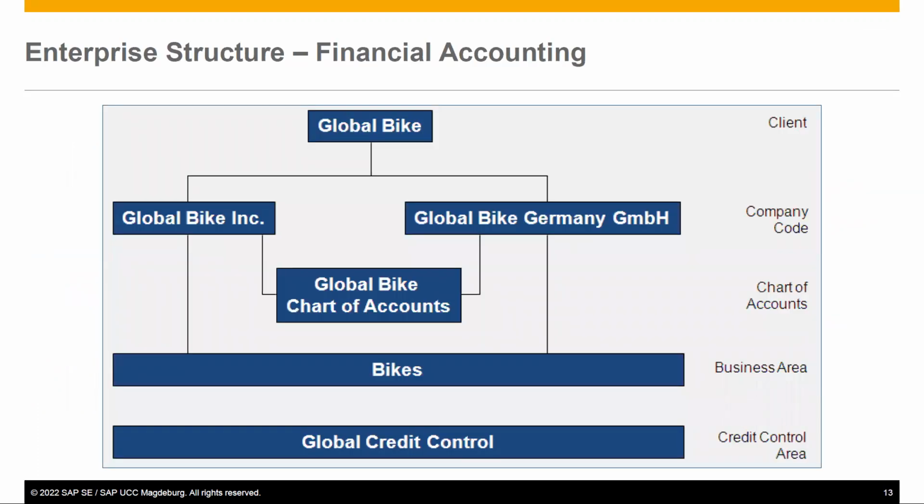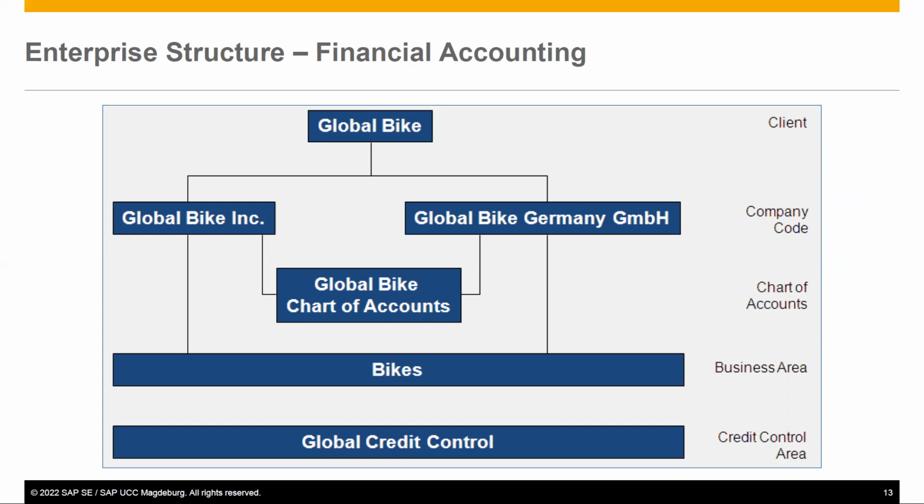This is the enterprise structure, guys. We have 3 types of data in SAP. The first is organization level data, the second is master data, and the third is transaction data.